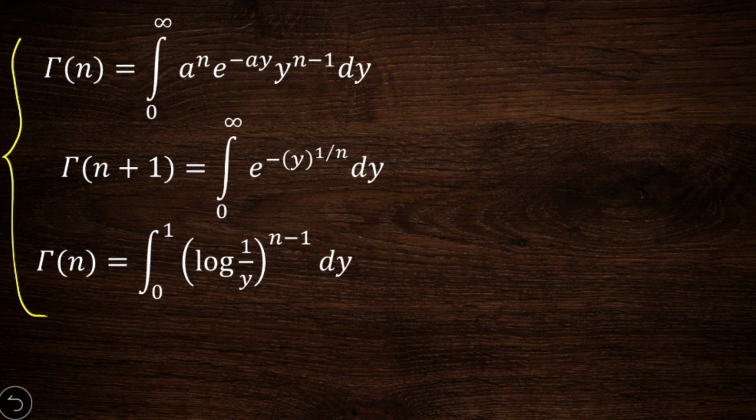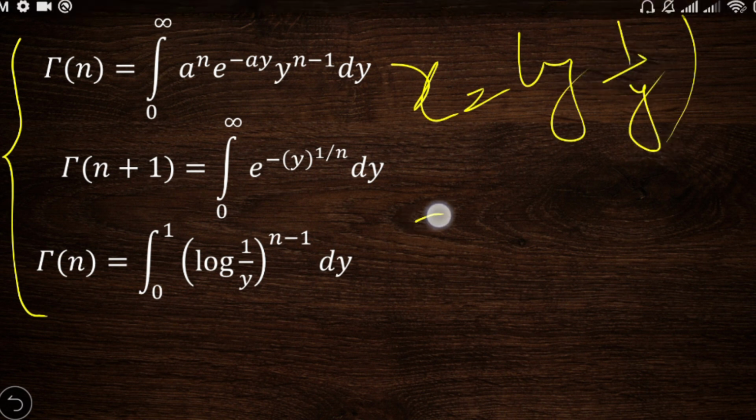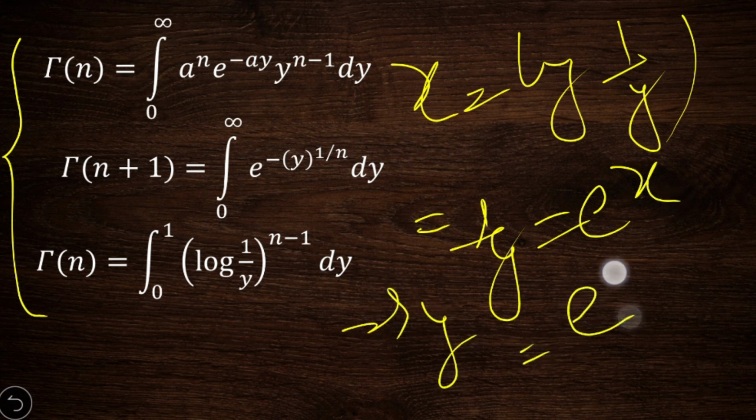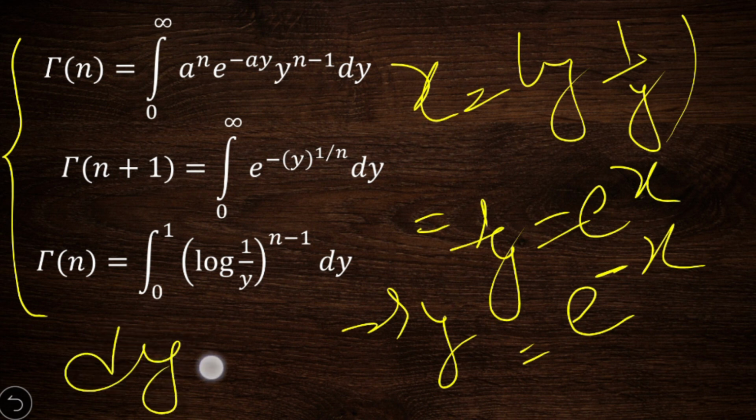For the third property, we simply replace x by log 1 upon y. It will give us 1 upon y equals e to the power x, that means y equals e to the power minus x. When we differentiate it, it gives us dy equals minus e to the power minus x dx. Substitute these in the original definition of the gamma function, and we will easily have this value.